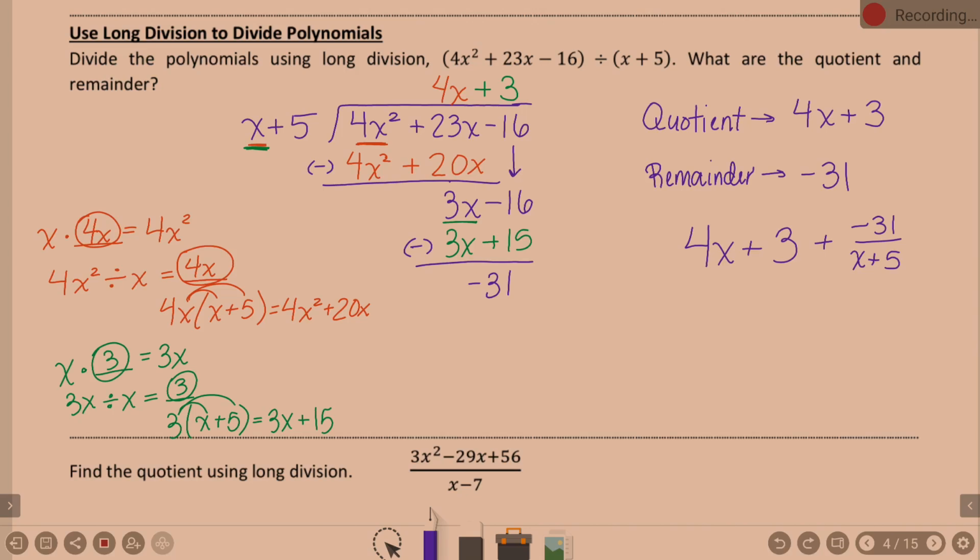What did I just say here? Plus negative. What's going to be the better way to put that? 4x plus 3 minus 31 over x plus 5. So if they just say divide, that's the answer you're looking for there. If it's a positive remainder, it'll be plus this fraction. If it's a negative remainder, it's minus this fraction.